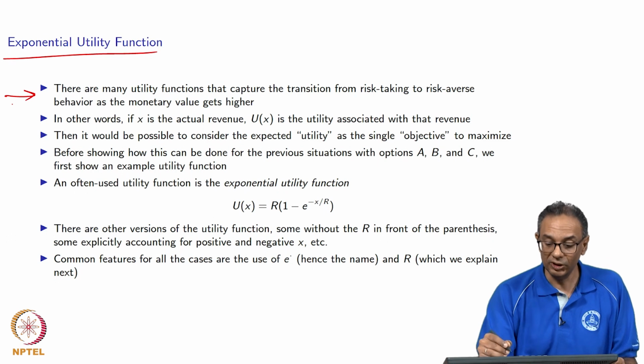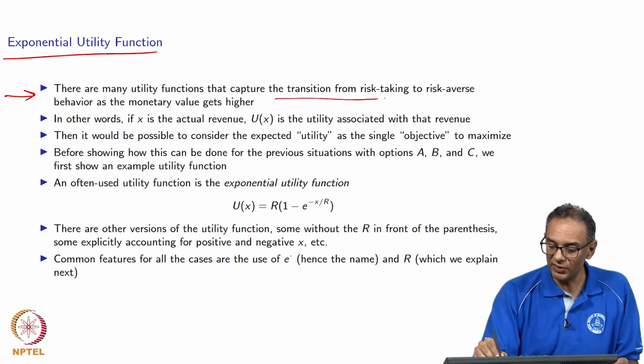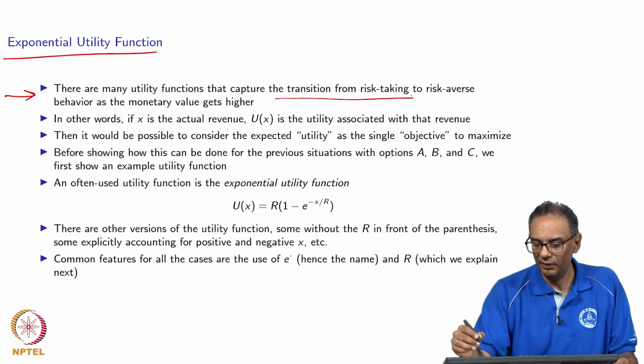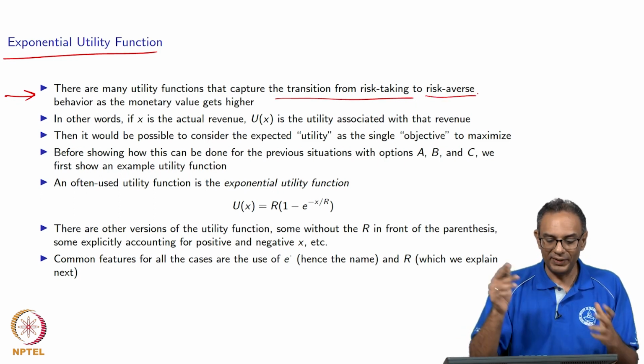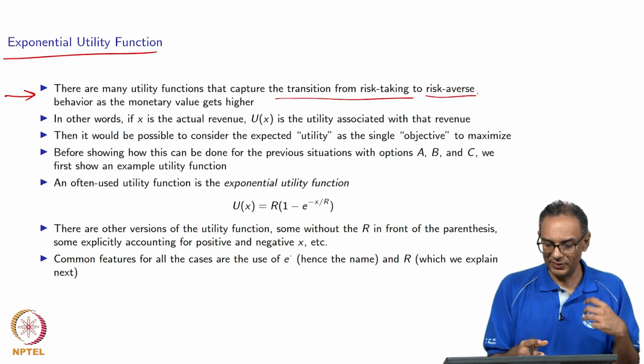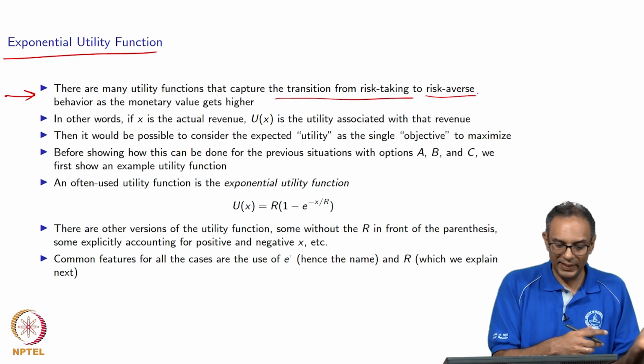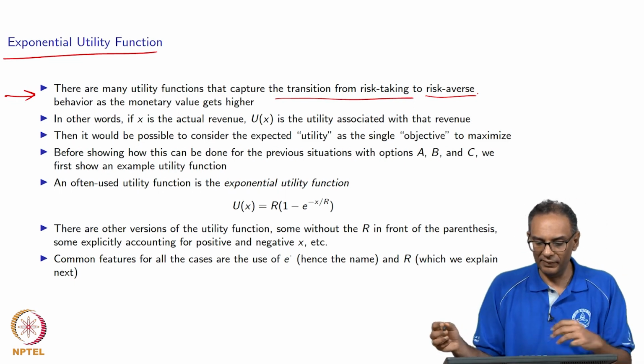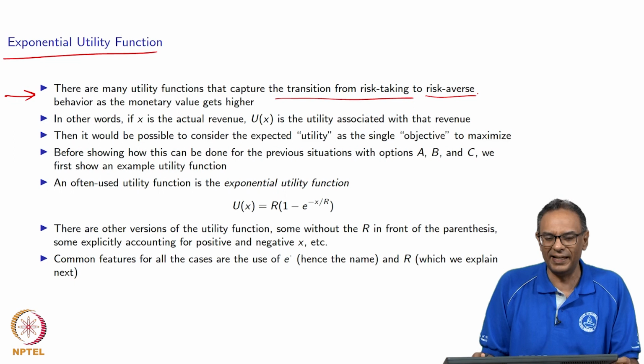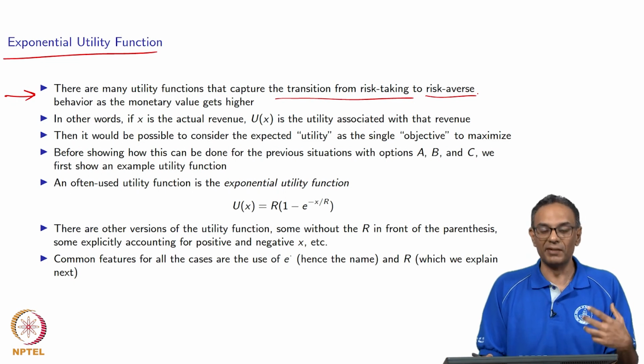So, there are many such utility functions. Essentially, what you want to do is, as you transition from risk taking to being risk averse, you want to capture that behavior. By saying risk taking, what I really mean is you are being risk neutral.